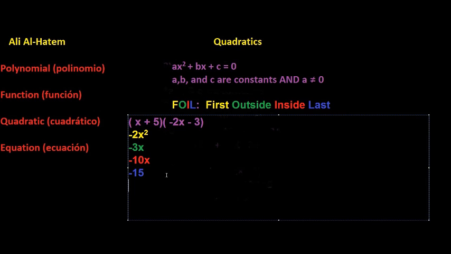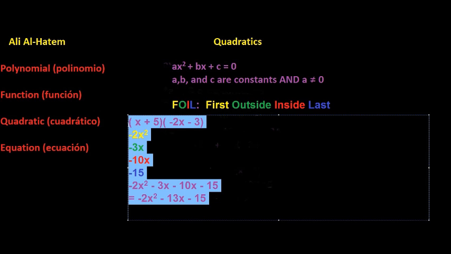So putting that all together into a single expression, it will give you negative 2x squared minus 3x minus 10x minus 15. Now we can simplify this even further to get negative 2x squared minus 13x minus 15.